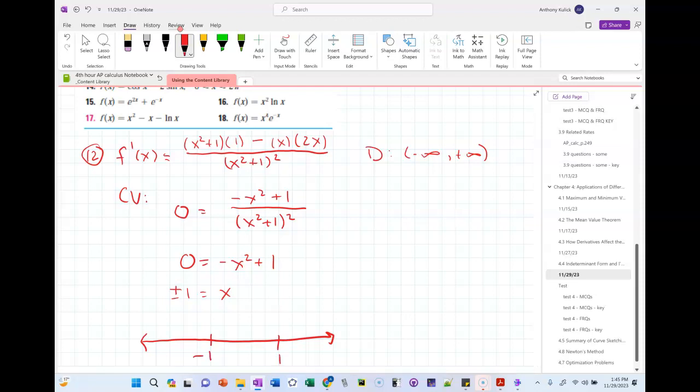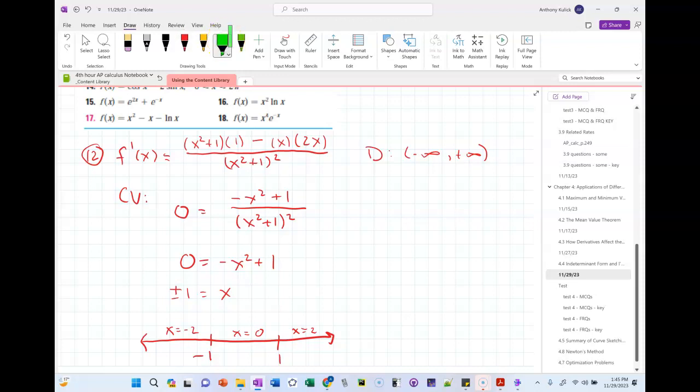I'm now going to make a sign diagram. I'm going to pick some test values for x. So I need to pick one test value that's less than -1, one test value between -1 and 1, and one test value bigger than 1. Does it matter the numbers that I pick there? No. Just pick stuff that's convenient, right?